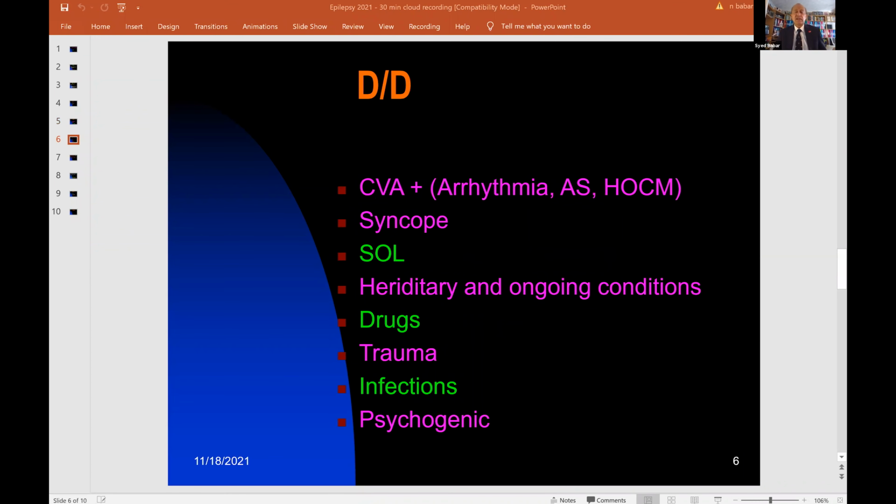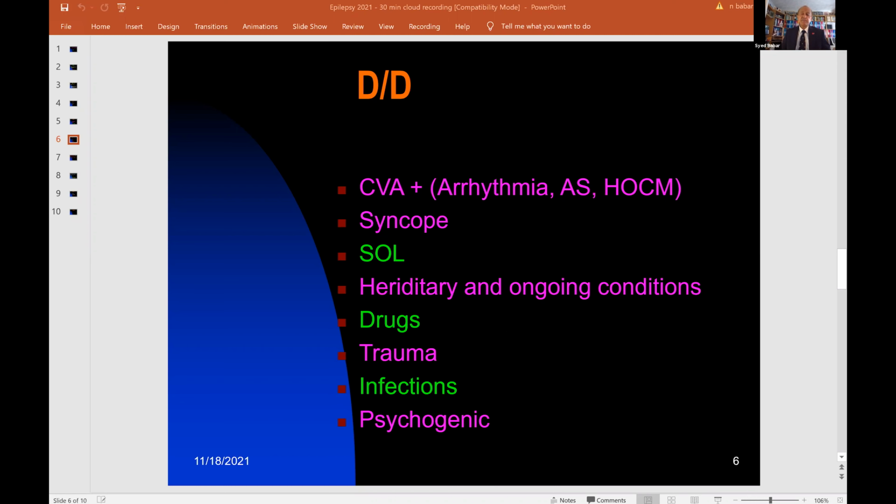So how does one differentiate epilepsy of a neurological nature from other conditions? We've already discussed that certain CVAs, including arrhythmia, aortic stenosis, and HOCM, can be confused with epilepsy because they do cause loss of consciousness, and there could be some additional neurological features in the process of observation.